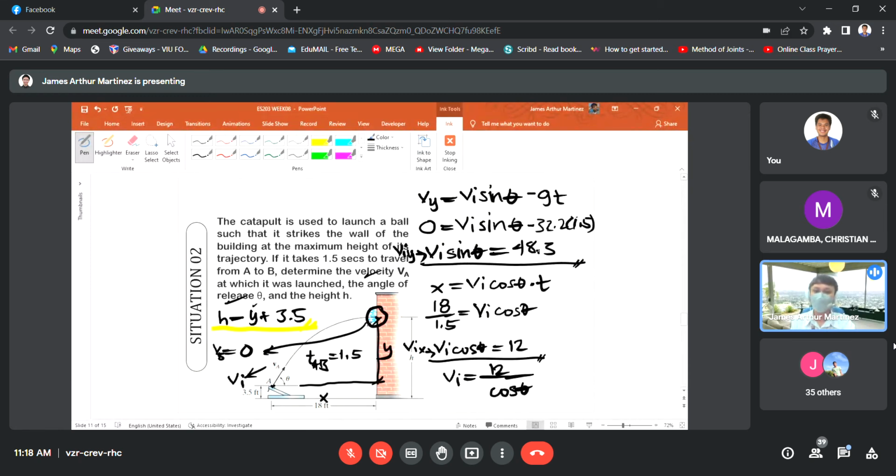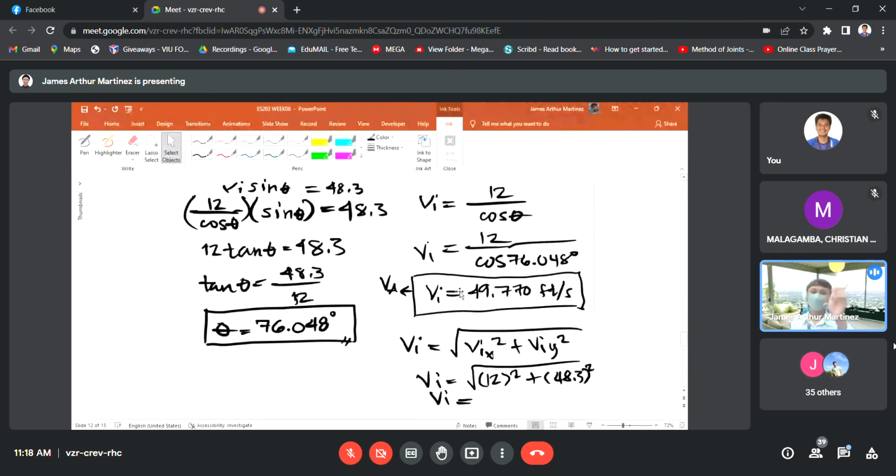So VI is equal to 48.3 divided by sine theta, and that should also be equal to 49.770. So that's 2 checkings. Regardless of which you use, it is correct.